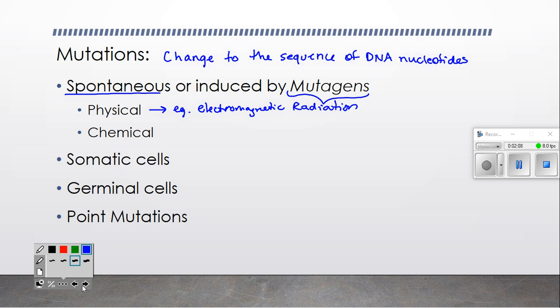So if you have taken physics or are taking physics, or you remember learning about the electromagnetic spectrum previously, things like an X-ray or a gamma ray, any of those rays that exist, are something that could, not necessarily will, but could cause a change to the sequence of DNA nucleotides.